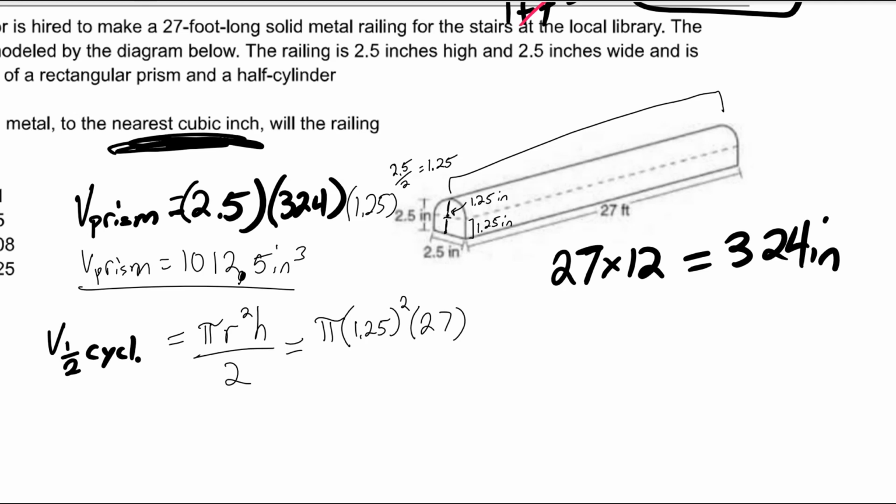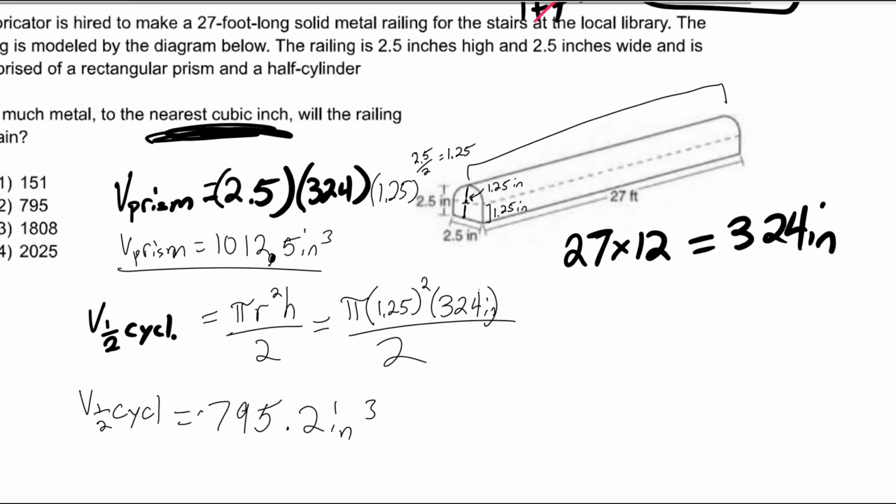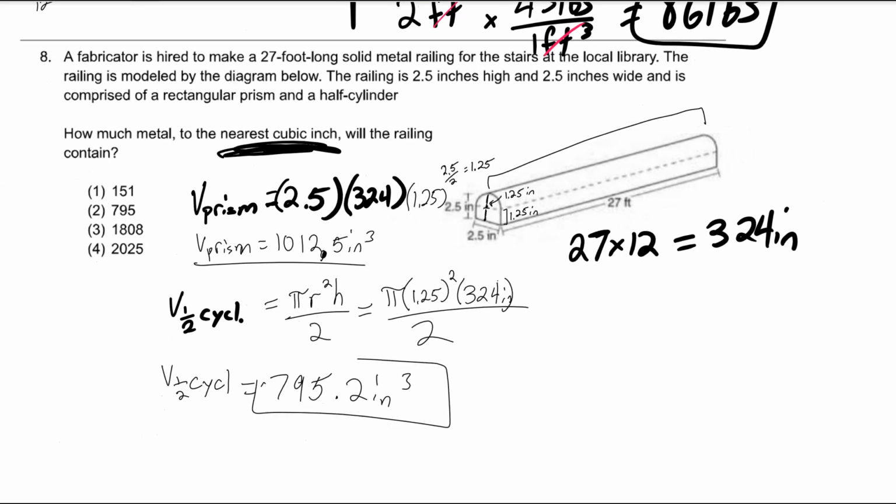That's 27 feet, or 324 inches, because I want something in cubic inches. And whenever I get that number, I'll take half of it. I type that all into my calculator, and I get about 795.2 cubic inches.